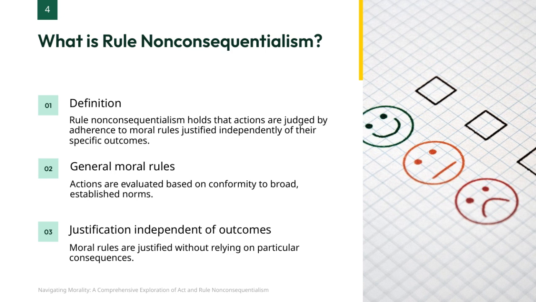Finally, an important point to highlight is that the justification for these moral rules doesn't depend on particular consequences. In other words, the rules stand on their own moral grounds, regardless of the results they bring about. This framework helps us understand how some ethical systems prioritize consistency and principles over outcomes.